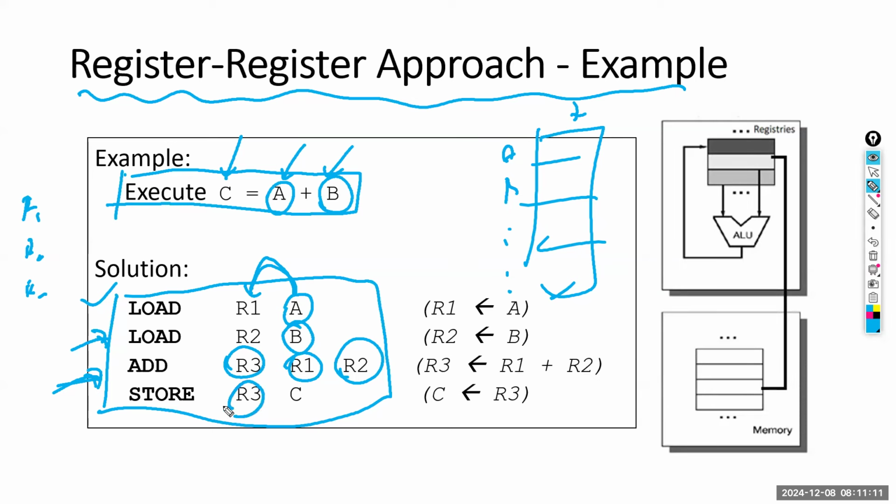Therefore, we can say store the value in register 3 into memory address C, so that other devices can access memory address C. So this is how you add two numbers at a very low level, not binary code, assembly code, second generation code.